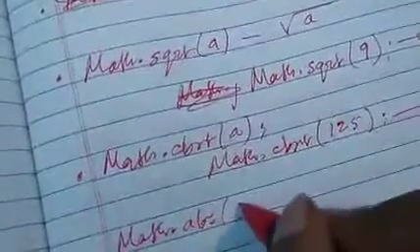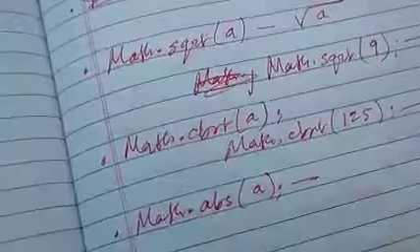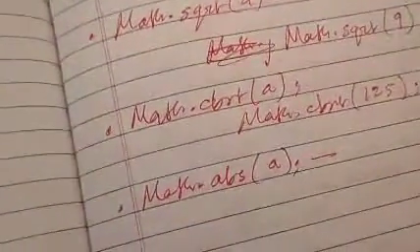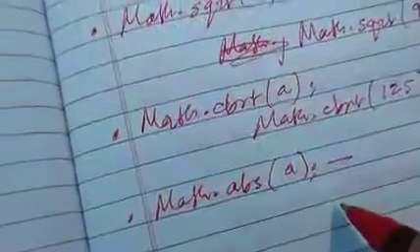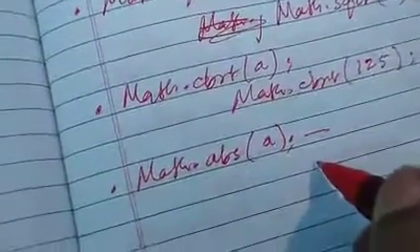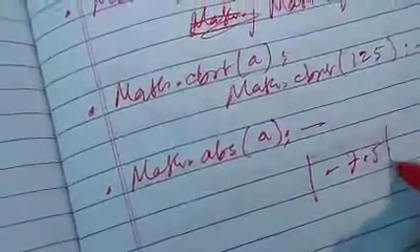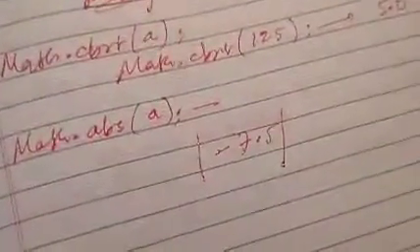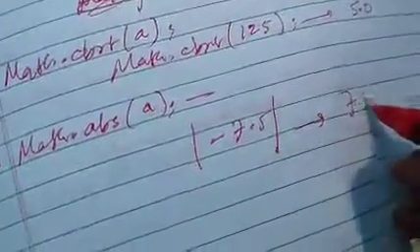Then the next one that we have is math.abs(A). This is a function that returns the absolute value of A. What does absolute value of A mean? In your lower classes, you might have studied that within the bar, if you have minus 7.5, the answer you get is 7.5.